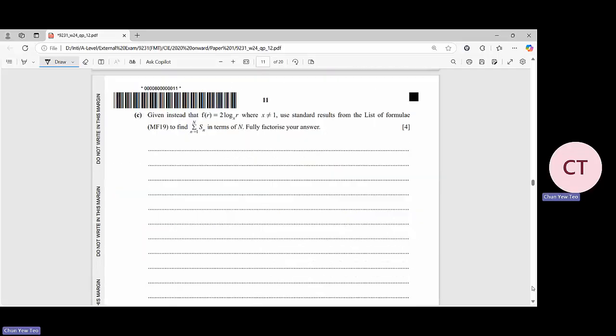Now we move on to question C. They say that fr is equal to 2 log r base x. So your Ur will be x^(2 log r base x) minus x^(2 log(r+1) base x).